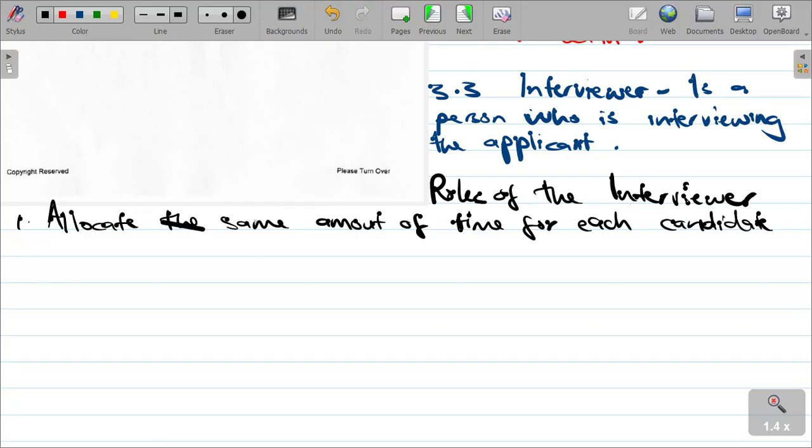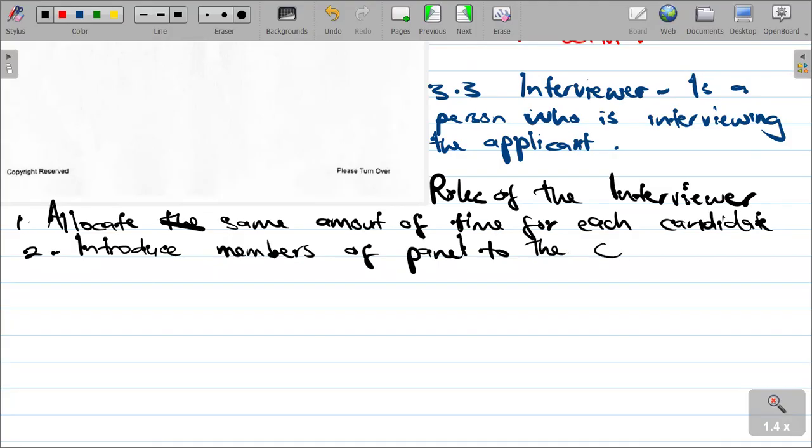Is supposed to introduce members of the panel, if there are any, to the applicant.